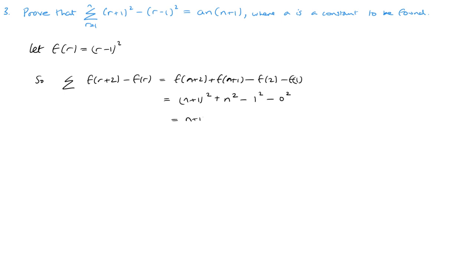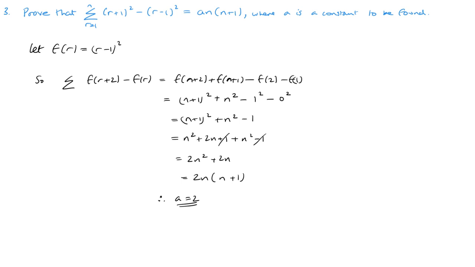So I'm left with n plus 1 squared plus n squared minus 1, which is n squared plus 2n plus 1 plus n squared minus 1. The 1's will cancel, leaving me 2n squared plus 2n. So I can take 2n out, leaving me with n plus 1. Now, if I compare to up here, therefore a equals 2. So that is the quickest and easiest way to do this.